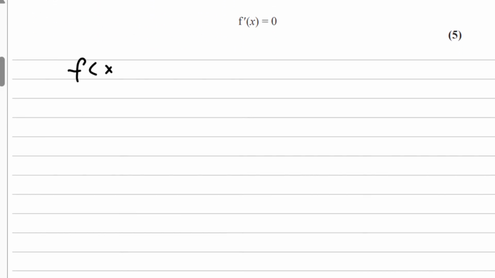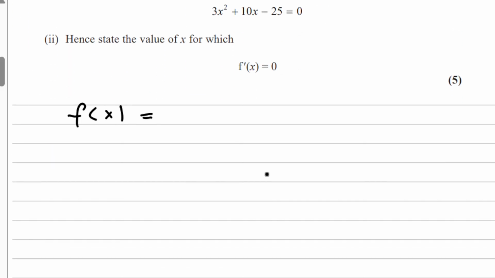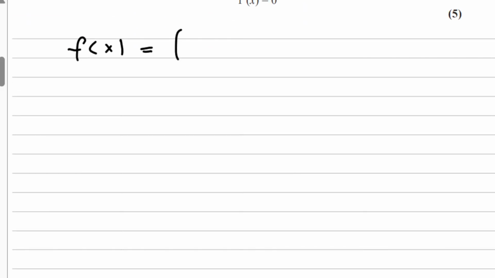f of x equals (x plus 5) all squared divided by root x. Now what we can do is expand this bracket.